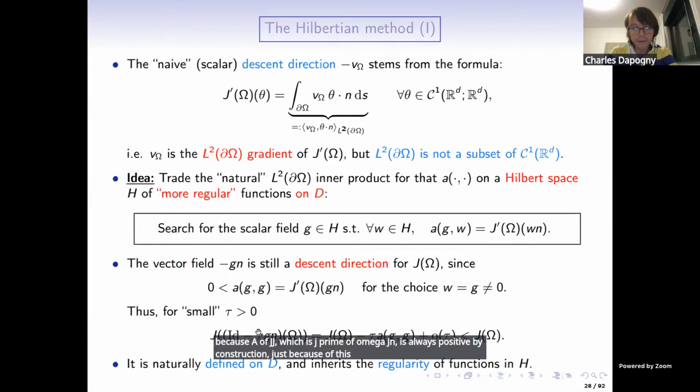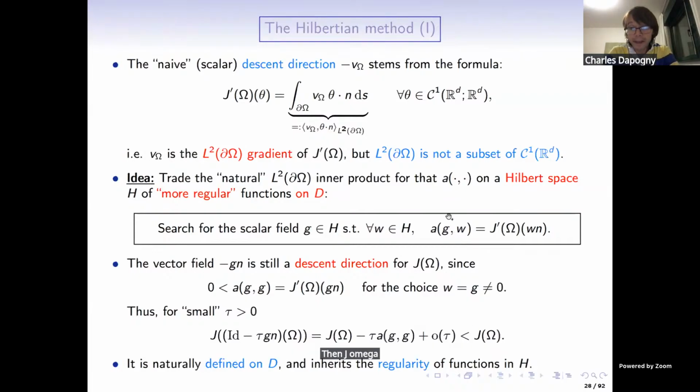Okay, so this guarantees that for any choice of the Hilbert space H, for any choice of the inner product here, moving omega a little bit in the direction of g n in the negative sense is going to give a first order expansion which is less than J of omega.